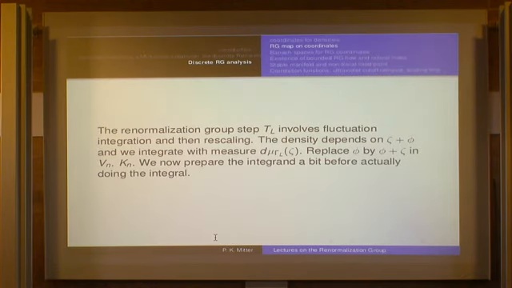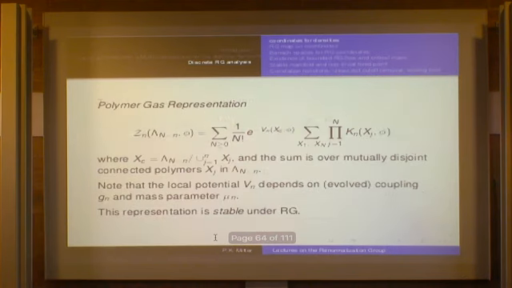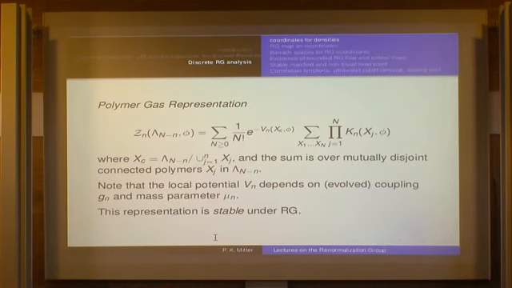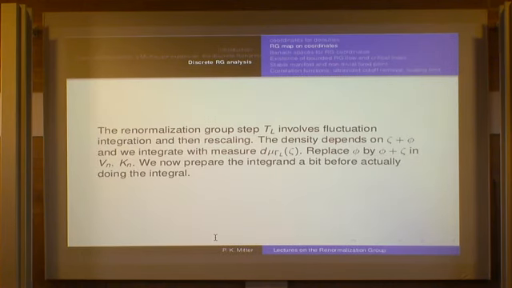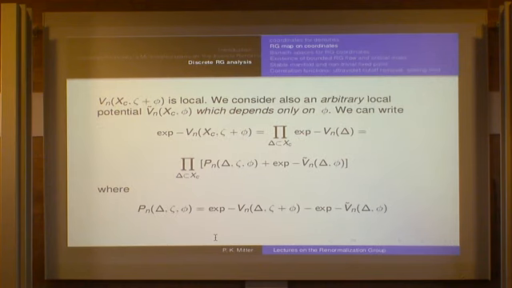So now we're going to do the renormalization group transformation. The density depends on, okay, I have to choose. And we integrate with the fluctuation measure. So we replace phi by phi plus zeta in V and K_n, and we prepare the integrand for actually doing the integral. So this is a local potential.